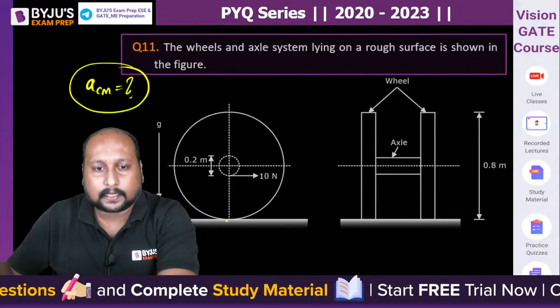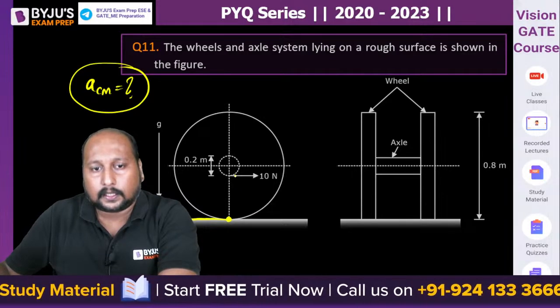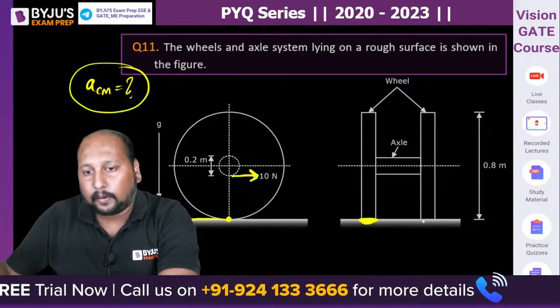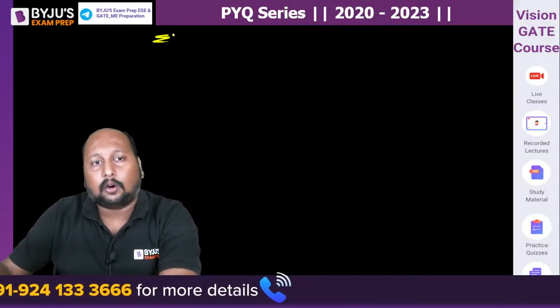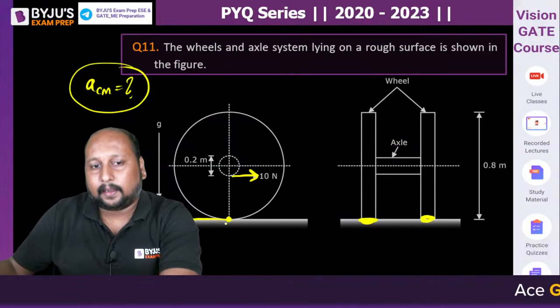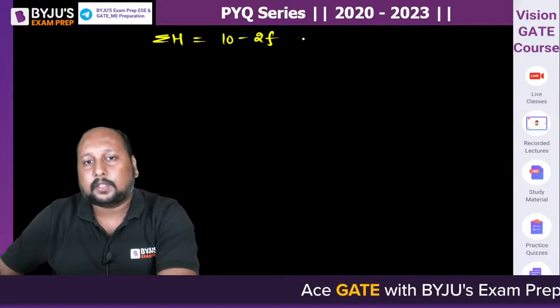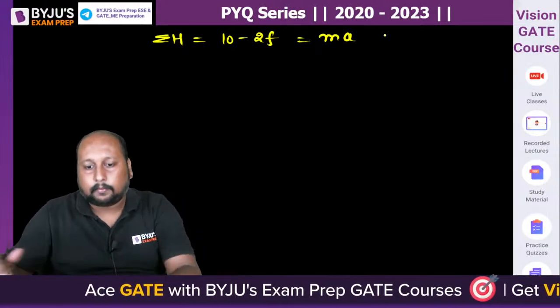Now if I apply a simple concept, over here we'll be having one friction force, right? This is the force that we are applying, and the friction will be applied at both the surfaces. दो friction force होगा. So the total horizontal force is equal to 10 minus 2f, है ना? 1f over here and 1f over here. So 10 minus 2f is equal to mass into acceleration. Mass is 3.5.